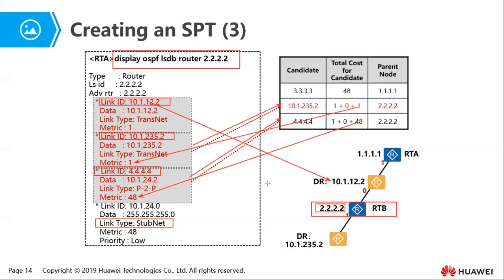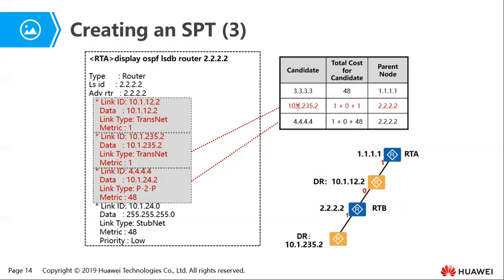I hope that is clear. In this case, this network has the lowest cost, and therefore it is added to the RPT. After being added to the RPT, you are removed from the candidate list. Okay, so let's move on and see the next step.